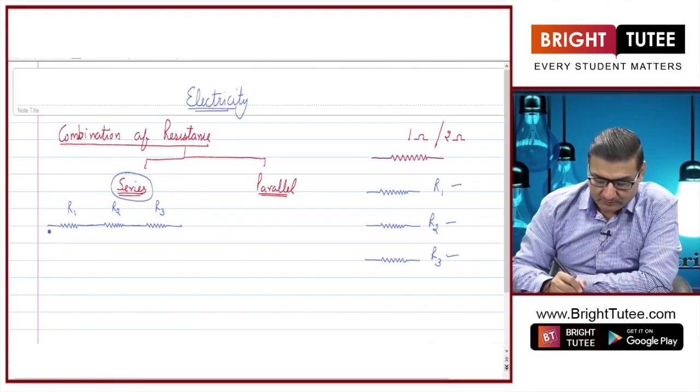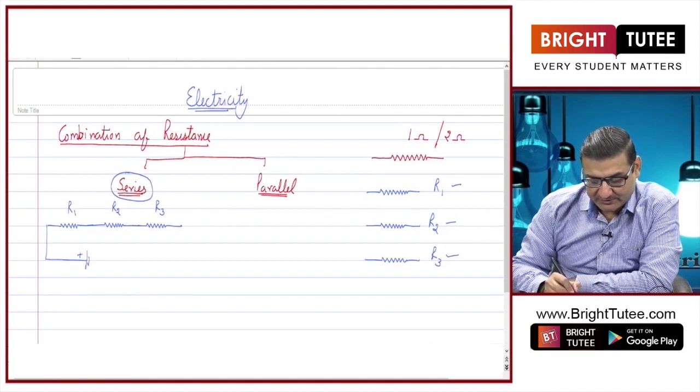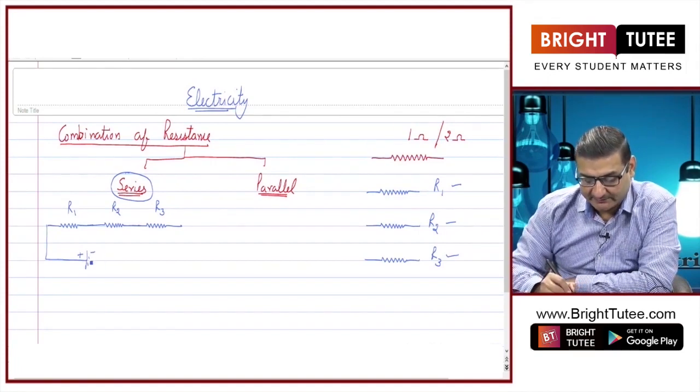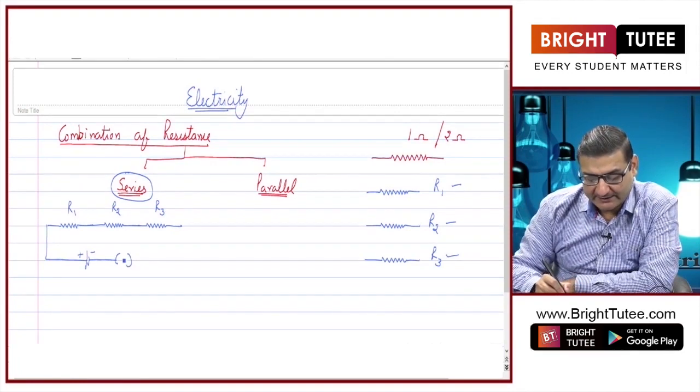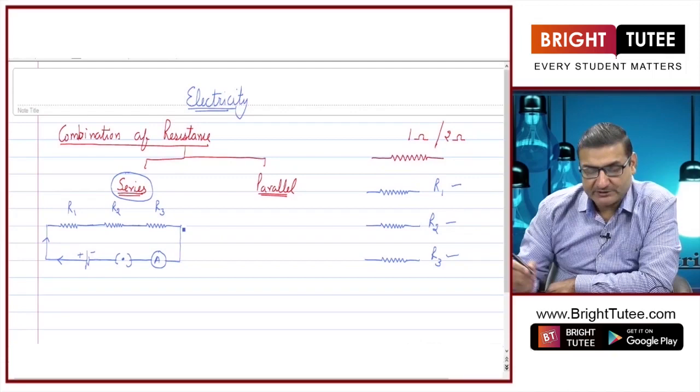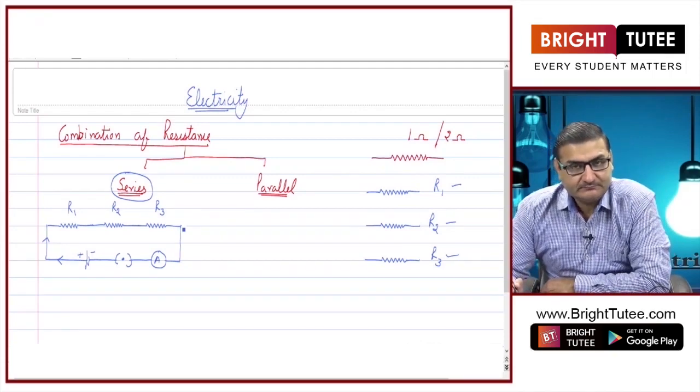Fine. And this combination is further connected to a cell. This is the positive terminal, this is the negative terminal, and we have a plug-in key. We'll just switch it on. The current will flow through this, and we have an ammeter attached to measure the current. Got it?